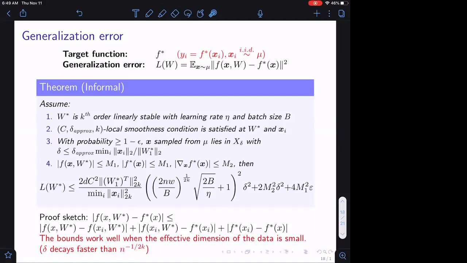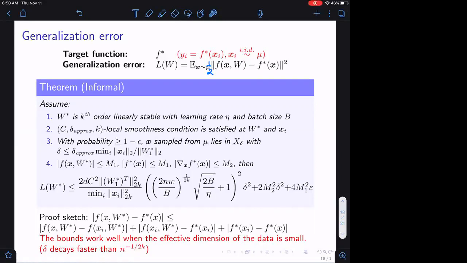For the generalization error, previously my L is an empirical error, but when I talk about generalization, I have to take the integral over all the possible input data distribution. So for all the possible data distribution, I care about the prediction of my model function minus the ground truth, and then I take the norm squared. In fact, there's a factor of 2 here which is missing. Okay, but that's okay.